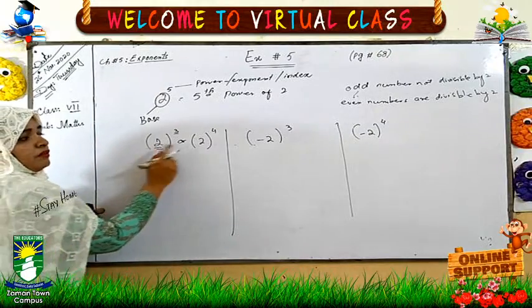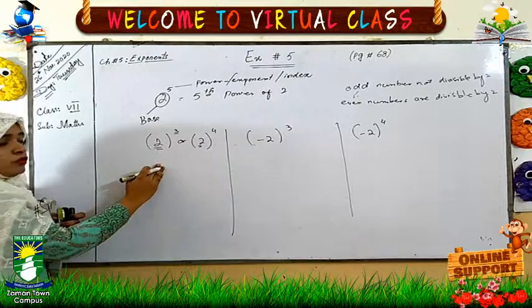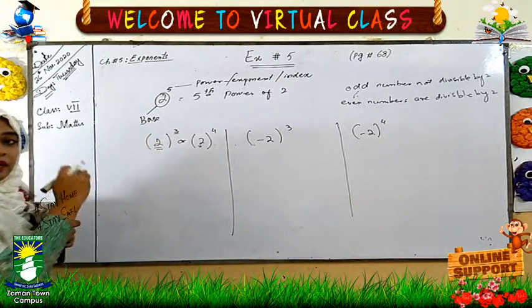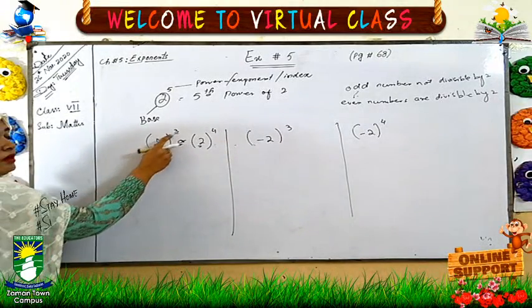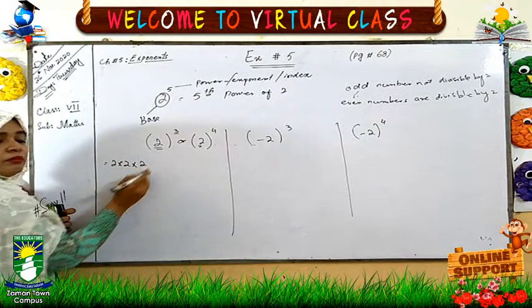Now you have 3 different conditions. First of all, if your base is a positive real number, there is no impact of your power on your number. If your base is positive, your answer will be positive. For example, 2 power 3 means 2 multiplied by 2 multiplied by 2.